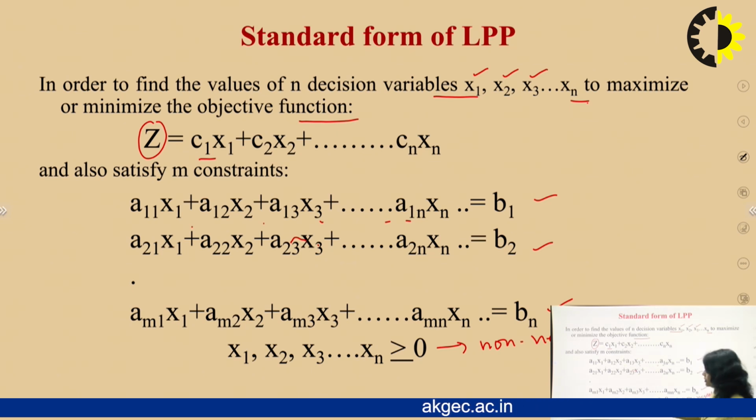We are defining the non-negativity constraint, which means all the decision variables involved in this particular LP problem will be non-negative, that is, greater than or equal to 0.